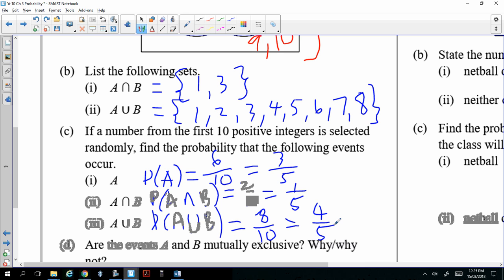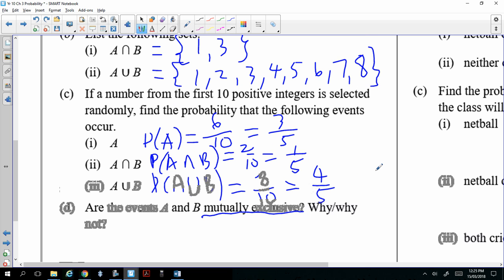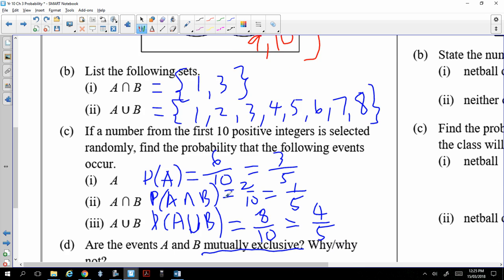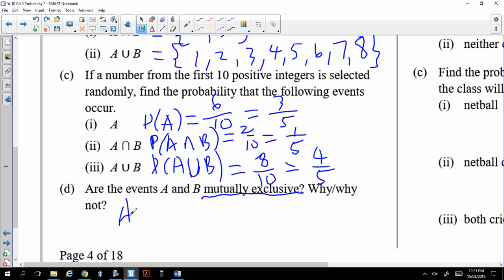Okay, now we have to look at the word mutually exclusive. What is mutually exclusive? Anyone? We just did that definition. They can't happen at the same time. Very good. Mutually exclusive. So do they have anything in common? They do, isn't it? Because A and B is not equal to the empty set. A and B has 1 and 3 in it, which is not empty, right?